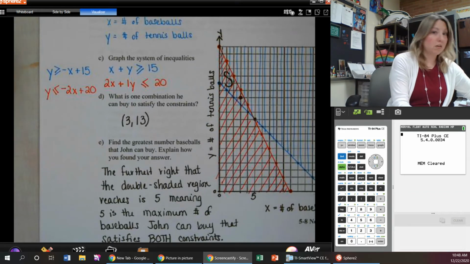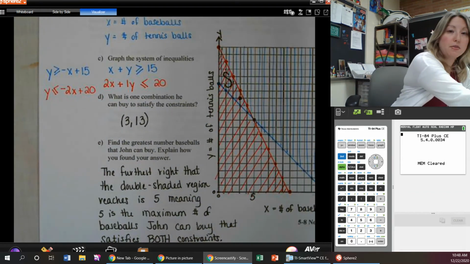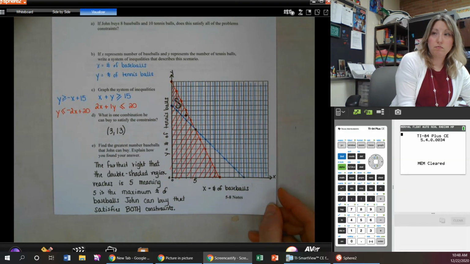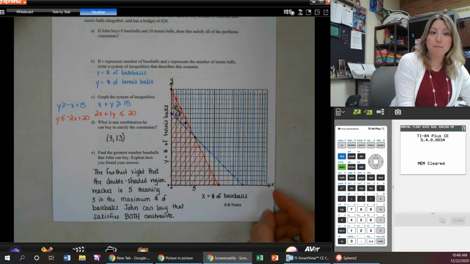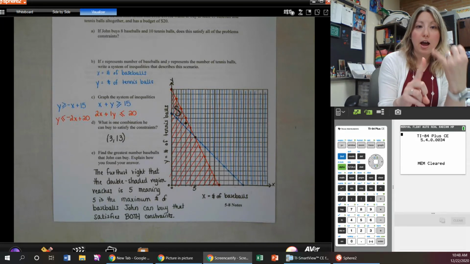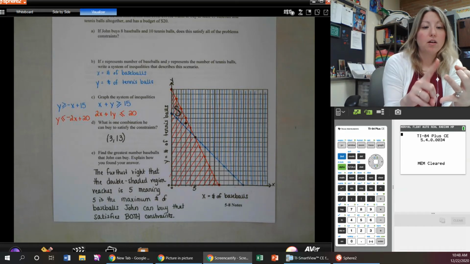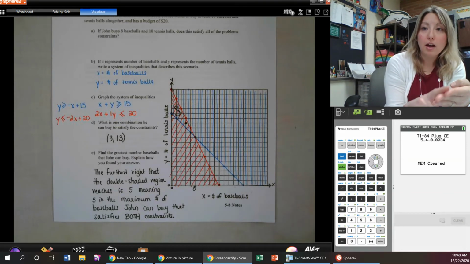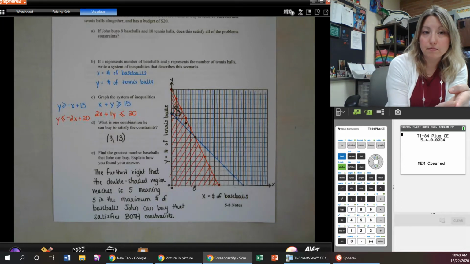Okay. Pause on this for a moment if you need more time to take this in. Okay, pause on that for a moment. Make sure you understand how I built my inequalities and how I labeled my variables, then how I put them on the graphs, and how I got my shaded regions.